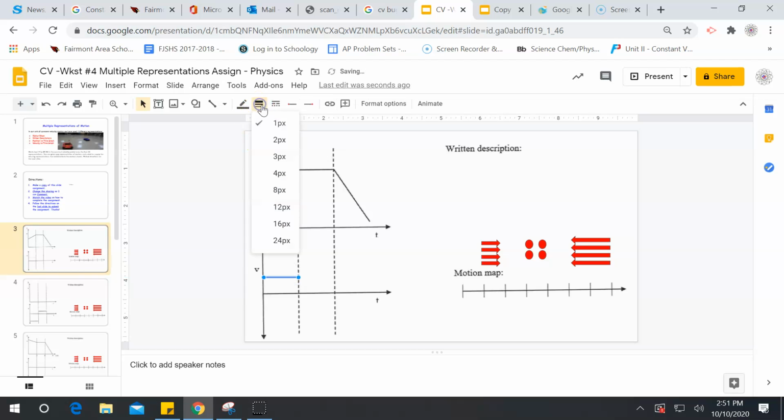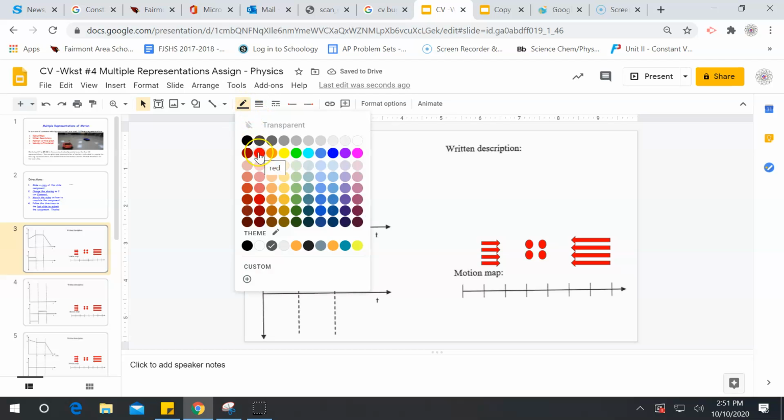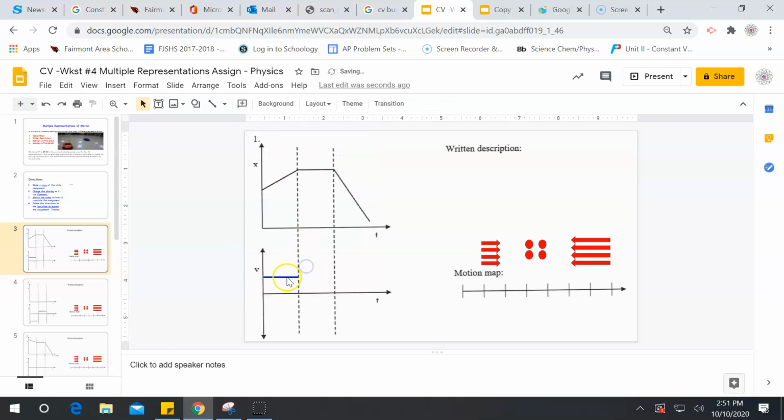Then I want you to make the line thicker, do 4 point, and I'd also like you to color it so that I can see it easily. If you want to make it blue, make it blue. That segment is done. Then you need to do the next segment. Okay, I'm not going to do that. You should be able to complete these. If you make a mistake on it, just click on it and hit delete and it should disappear.